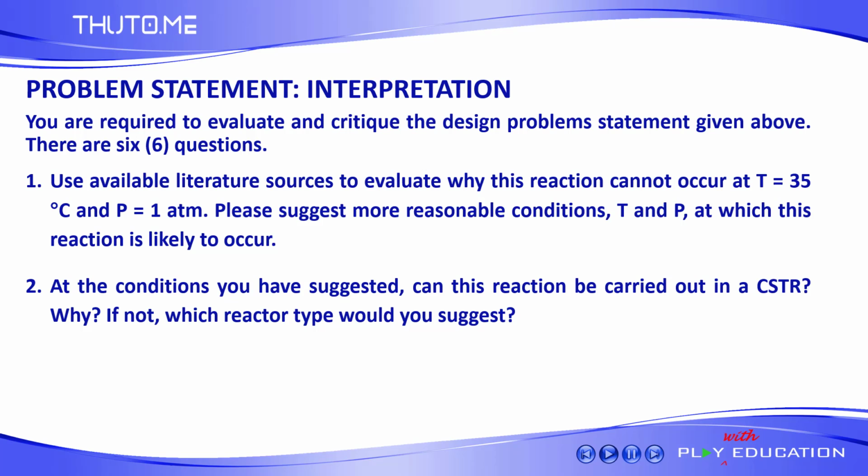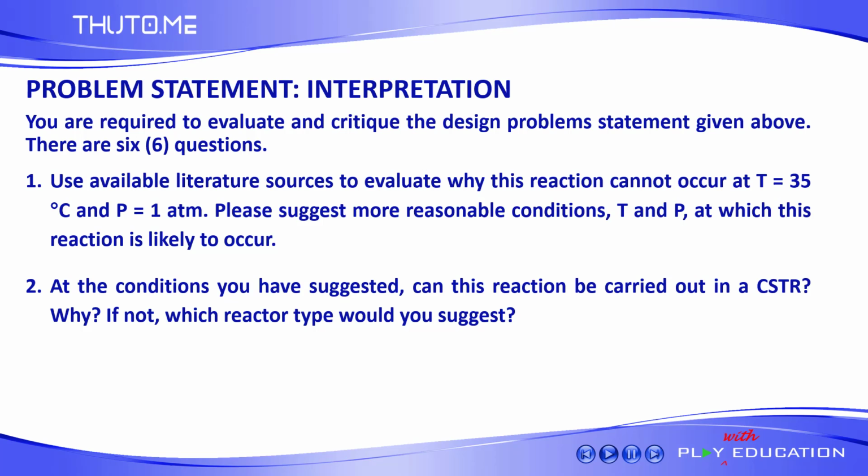Moving forward, we are required to evaluate this design problem by criticizing it by following the given 6 questions. The first question is concerning the reaction conditions. We are to use available literature sources to evaluate why this reaction cannot occur at a temperature of 35 degrees Celsius and a pressure of 1 atmosphere.